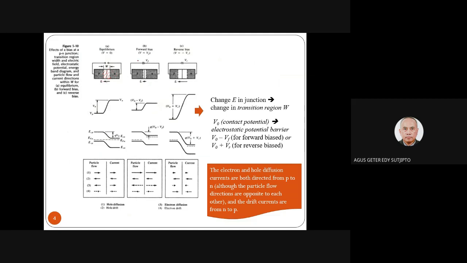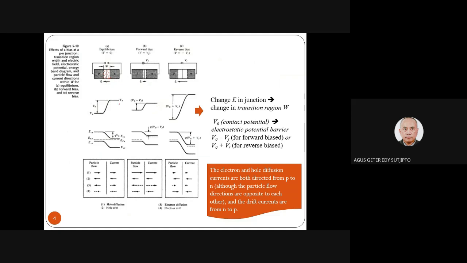This is the diffusion current caused by the mobility of electrons or holes. The returning of electrons from the P region to the N region we call the drift of electrons, or vice versa, the drift of holes.